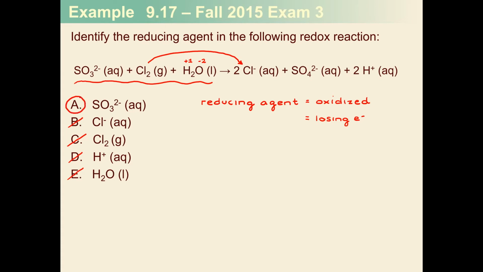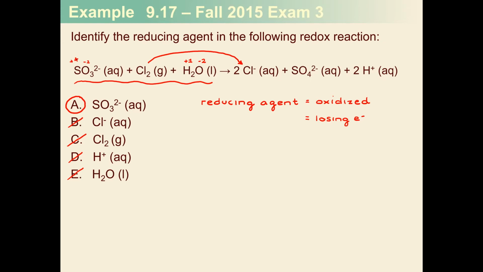Let's talk about how this is the case. For our sulfite, our oxygen has a -2 oxidation number. In order to balance our oxidation numbers correctly, our sulfur in here must be +4. We will show you how to do that in the coming slides.